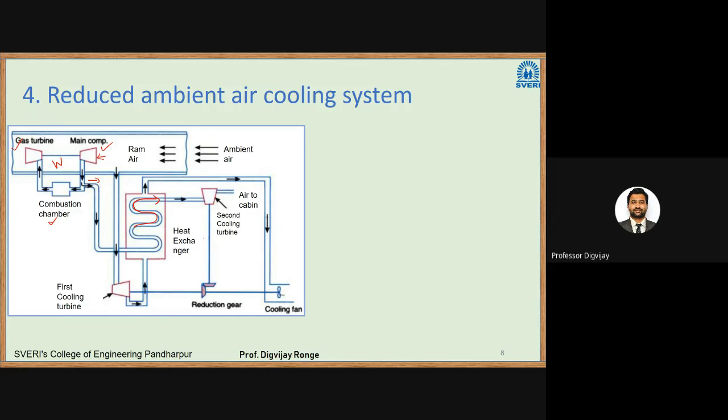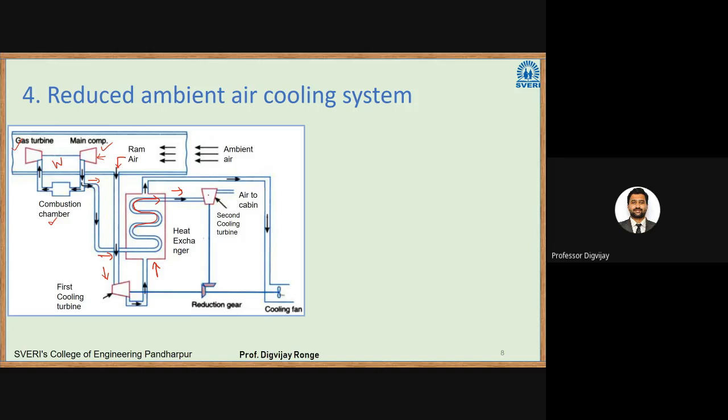Before that, this air is cooled with the help of ram air. So this ram air, we are bypassing it. This is first passed to the cooling turbine, where it is expanded. This cooled air is passed through this heat exchanger. So there is a heat exchange between this compressed air and this cold air. So the temperature of this compressed air will reduce.